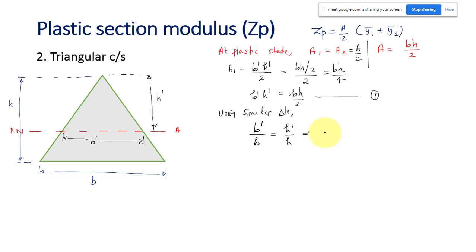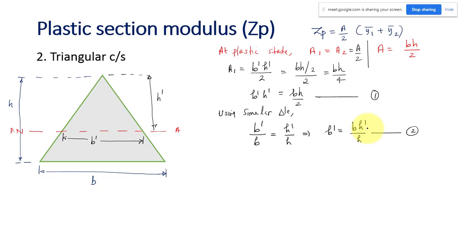So B dash you can write as B H dash by H. Let us say this is equation number 2.